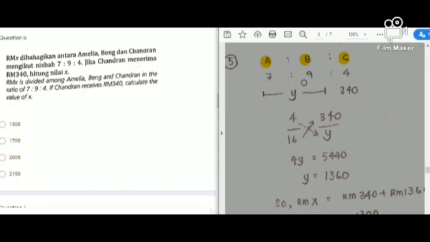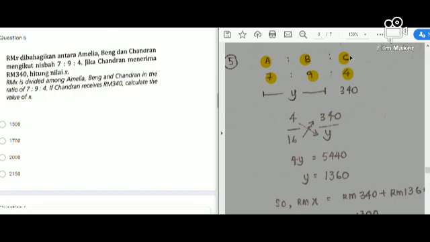Okay, so now you write under the name the ratio that had been provided, which is Amelia is 7, Bang is 9, and Chandran 4. So what is the clue and the information that the question gave you? You can see that it said Chandran received 340.